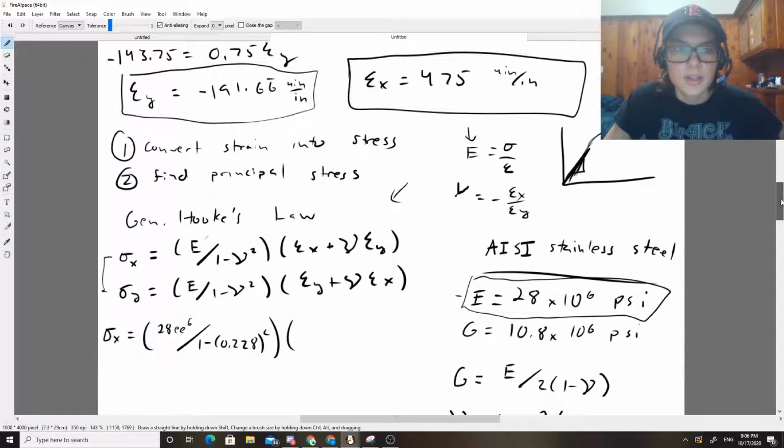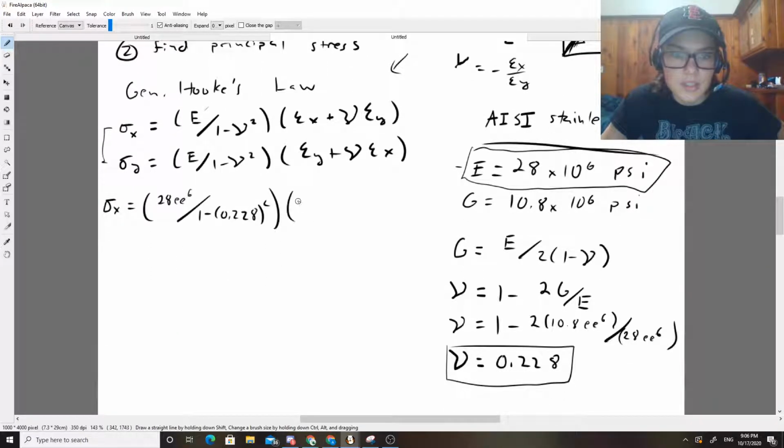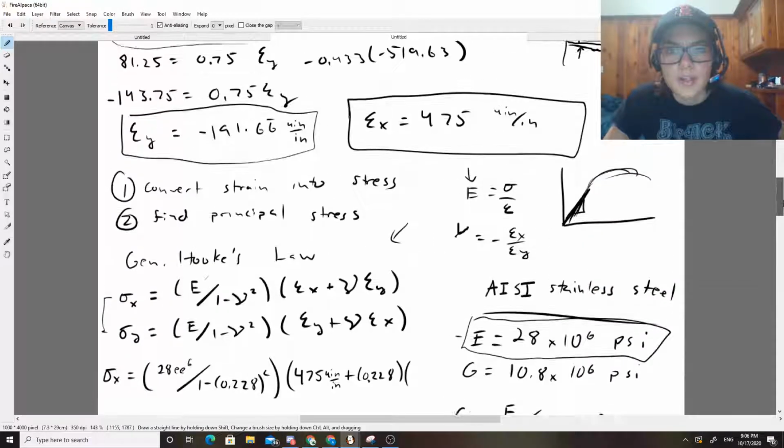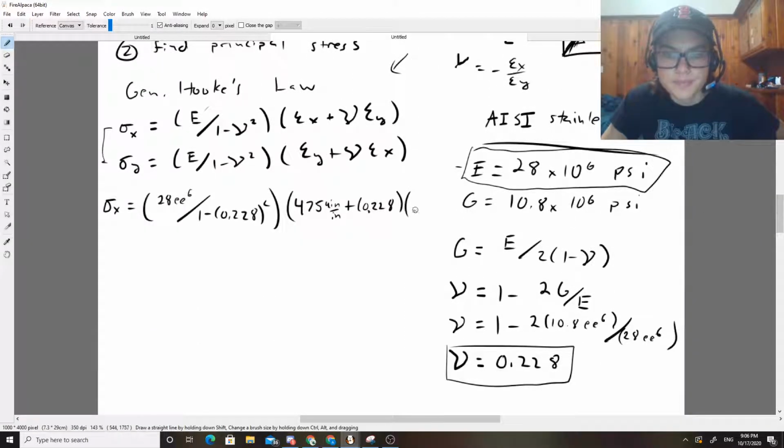Strain at x is 475 microinches per inch, plus Poisson's ratio, 0.228, times our strain at y, sorry, which is negative 191.66.